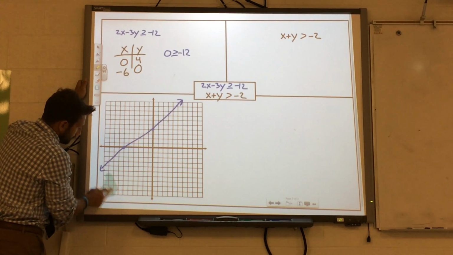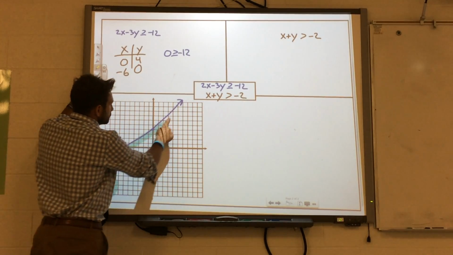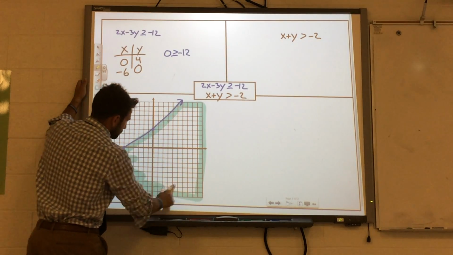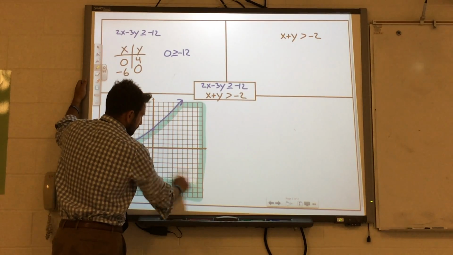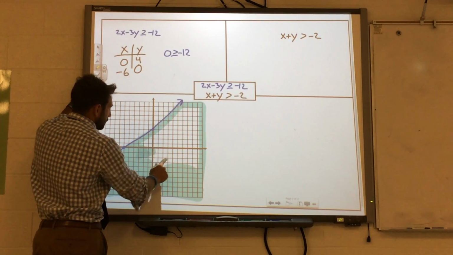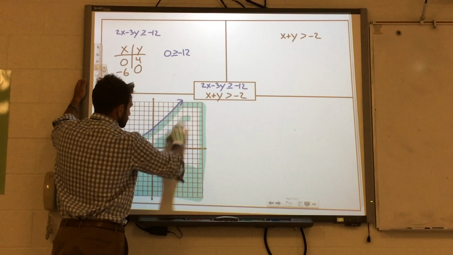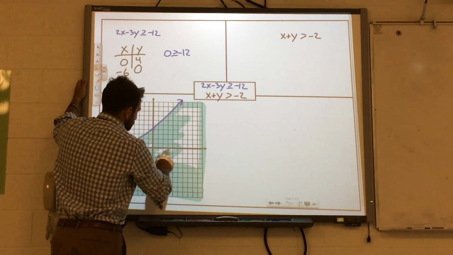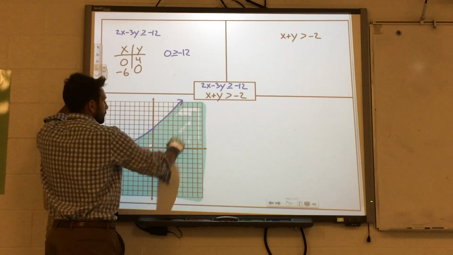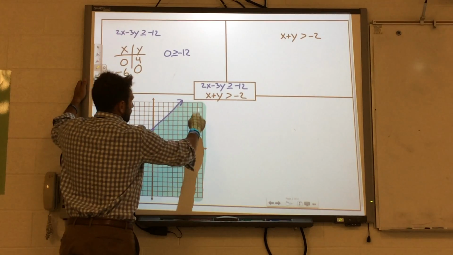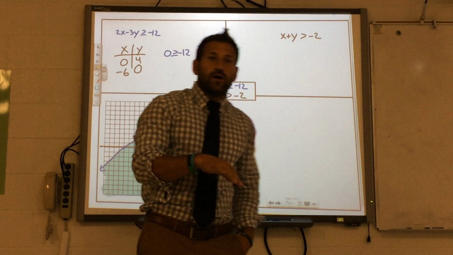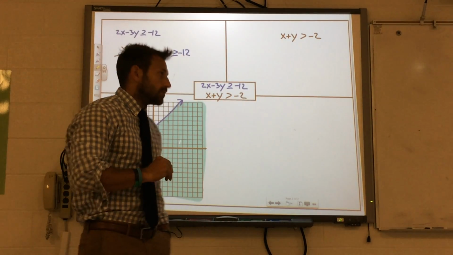And I'm going to shade below. Do the same thing on your paper. You might not have a highlighter, so again, use vertical lines for this one or horizontal, and then for the other shading, use the opposite.